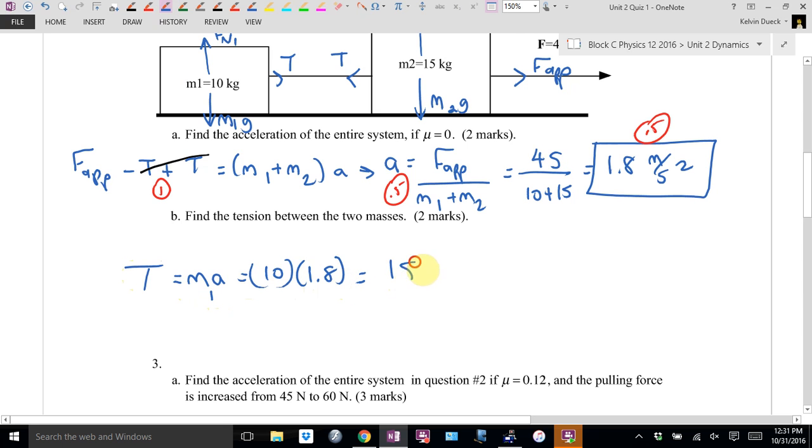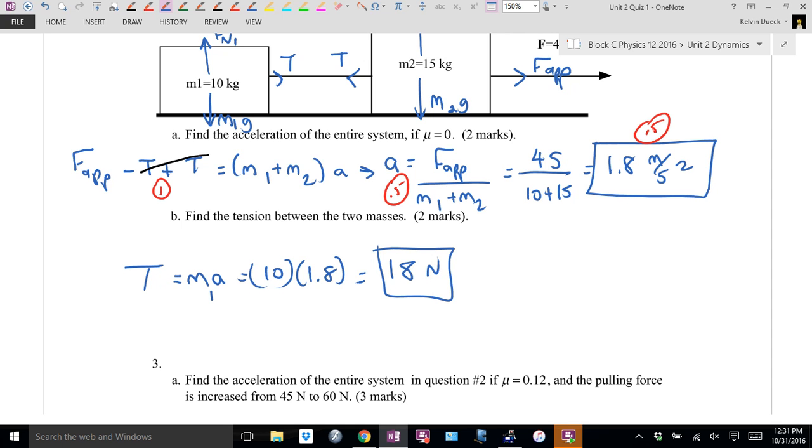I can do that in my head completely, 18 newtons. You would get the same answer if you used mass 2. You would go applied force minus tension equals M2A. Tension equals applied force minus M2A, and solve. 1 mark for that, half mark for the numbers, half mark for the answer. But again, if you got the right answer, 2 out of 2.